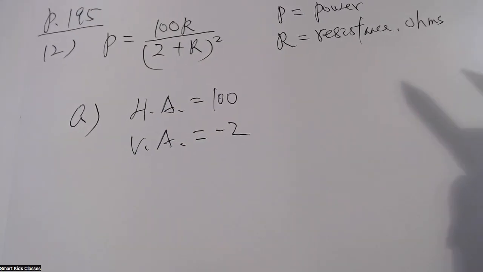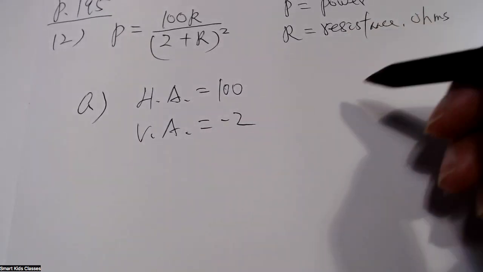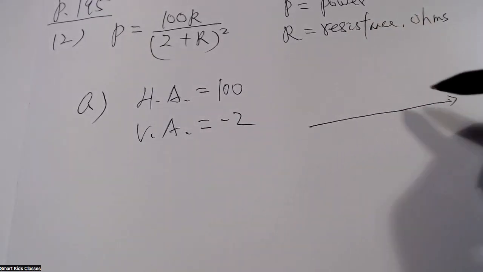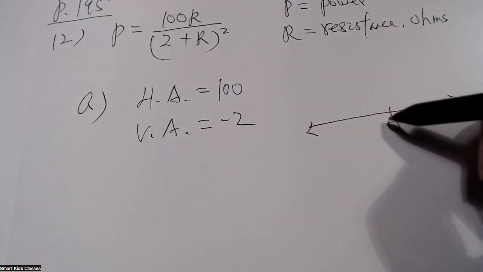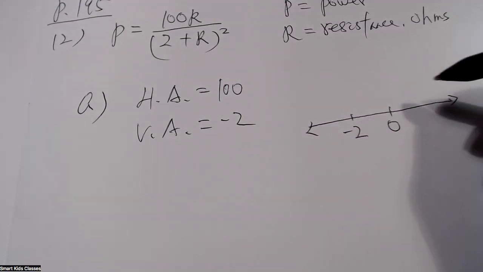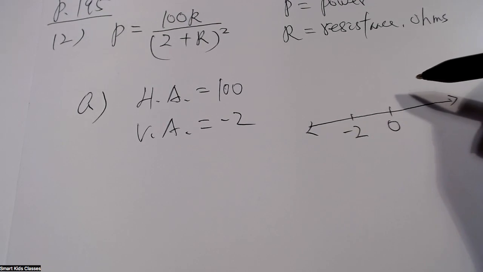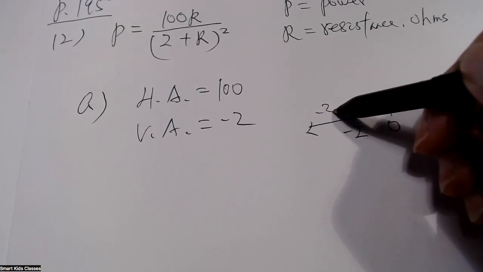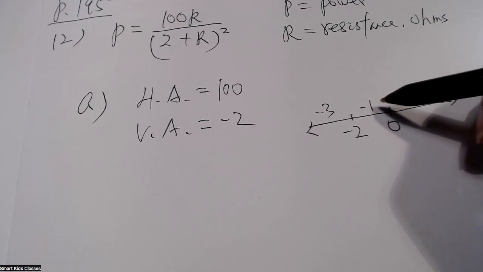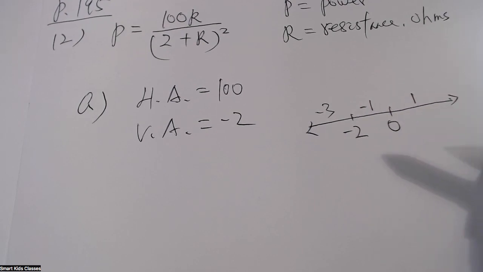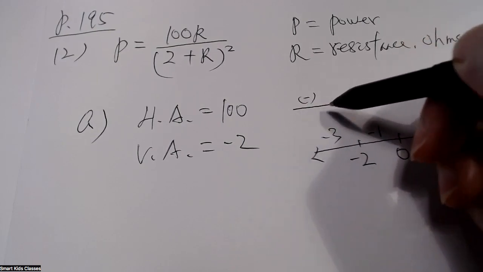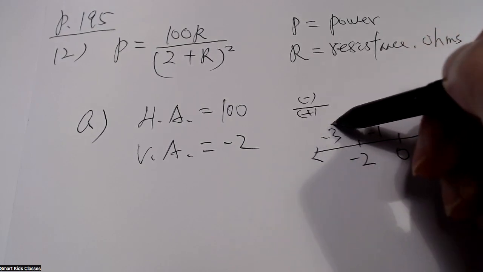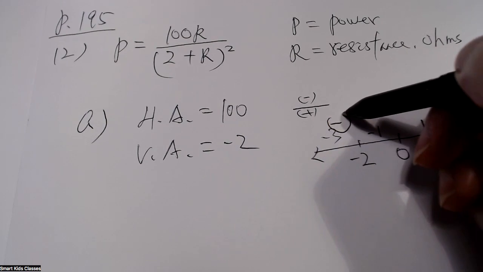From here, we are going to test the intervals. When R equals 0, -2, we're going to test -3, we're going to test -1, and we test 1 here. If -3, we get negative divided by positive, so we get negative here.